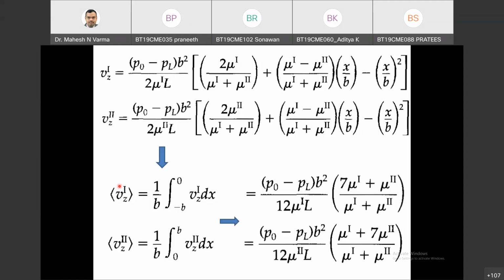If you integrate v1z over minus b to 0, this will be the average velocity for phase 1, and this will be the average velocity for phase 2. You can see this is 7 mu1 plus mu2, and this is mu1 plus 7 mu2. If mu1 equals mu2, then the average velocities are the same.